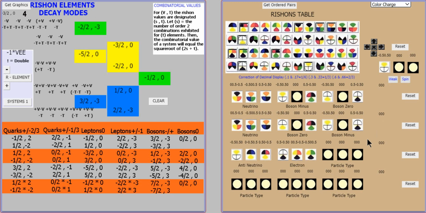Also, we have a 0 color charge on the tau neutrino, having the 3 anticolors, and then opposite colors on the 2 bosons again.